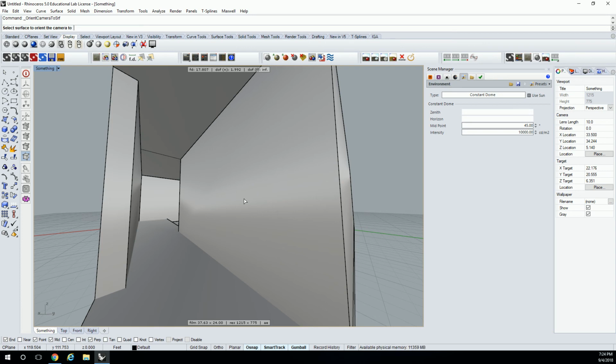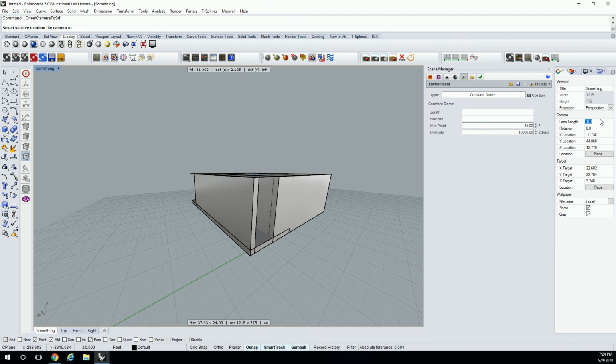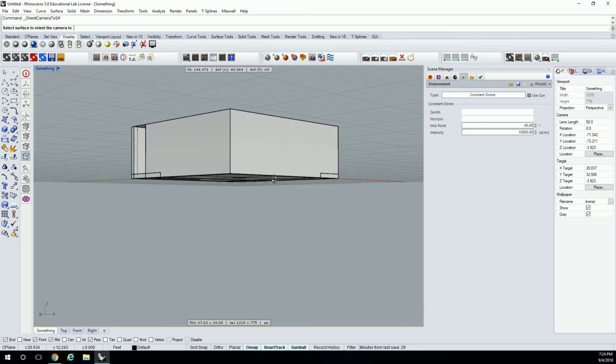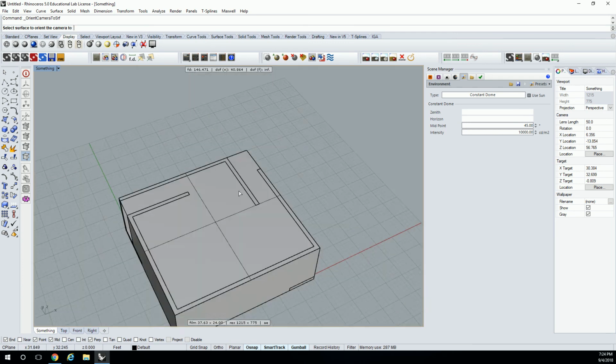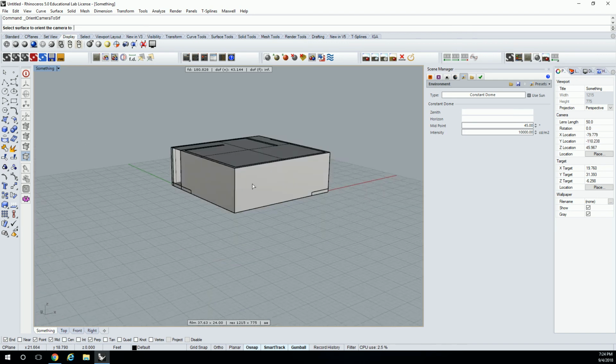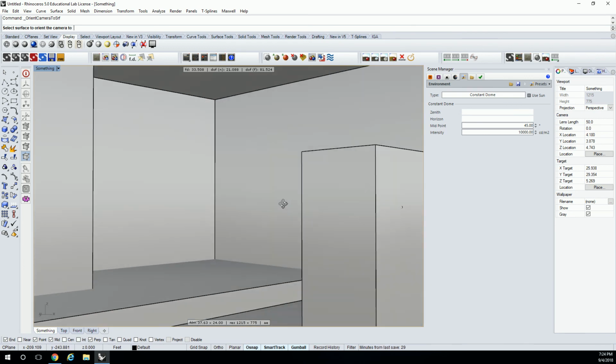So anyway, this is something that you have at your disposal. The reason I'm bringing it up is because when you find yourself in the standard Rhino projection, which is 50, and you get into your space and look at it in plan, my entry and exit are actually really close to one another. Yours might not be. Once you get inside the space, you're going to realize that it's really tiny.